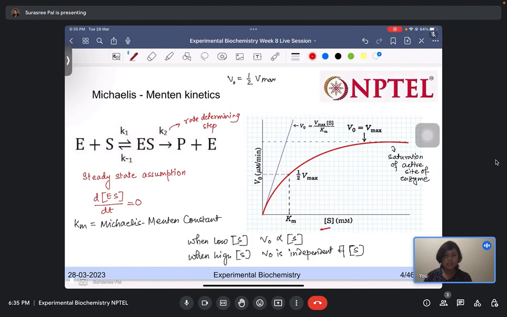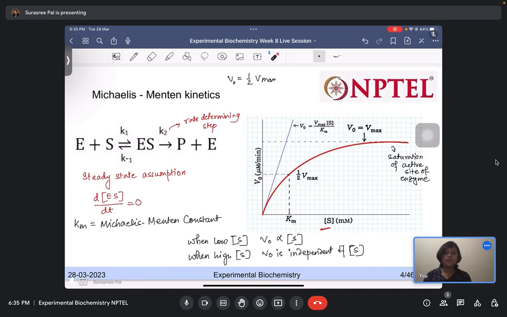But as we increase the substrate concentration further, what happens? Then the enzyme active sites are all saturated. That is why a plateau forms, because of the saturation of the active sites of the enzyme.